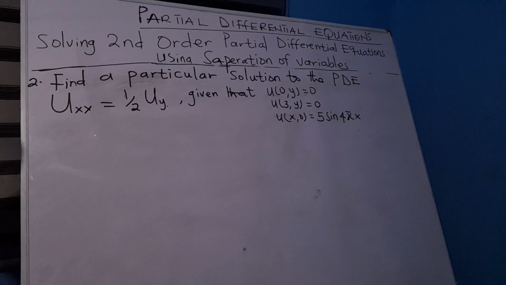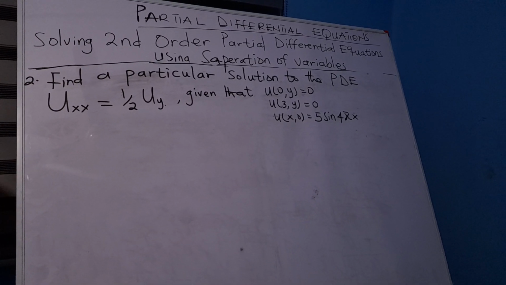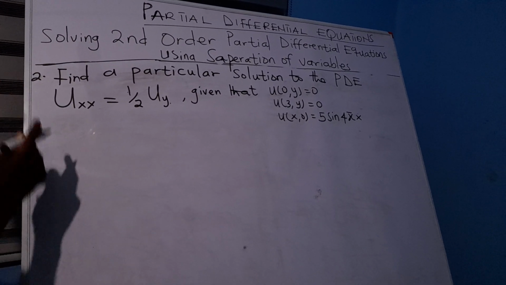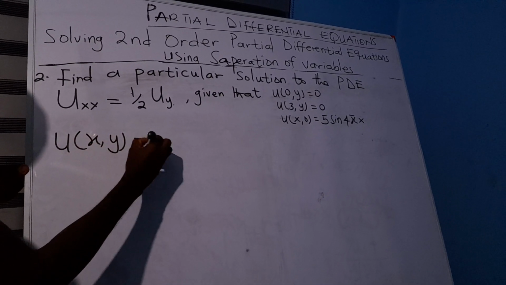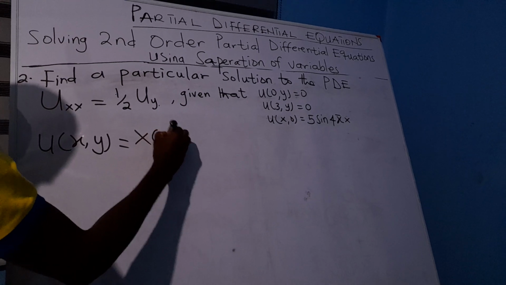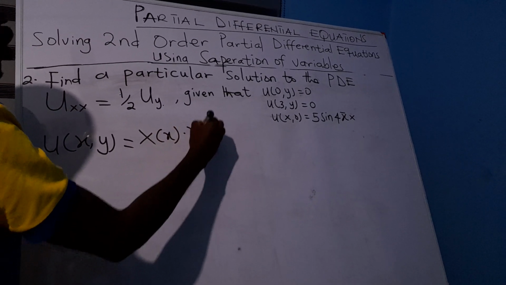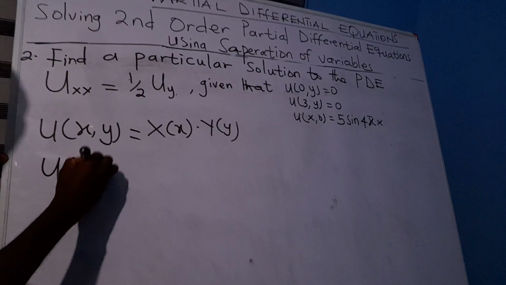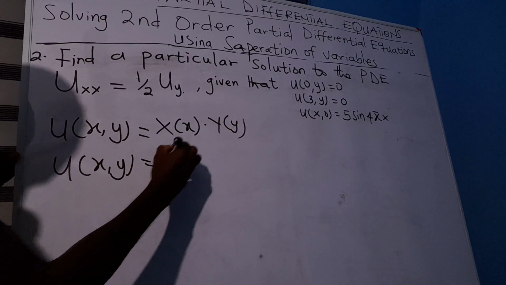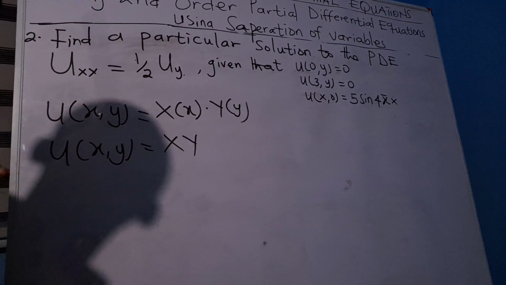So how do we solve that? We are going to use the method of separation of variables to do this. With the method of separation of variables, we assume that the general solution is a product of functions of the independent variables. So for the sake of time, we can rewrite this as X Y. What do we need?